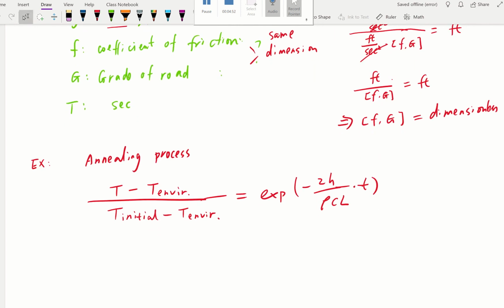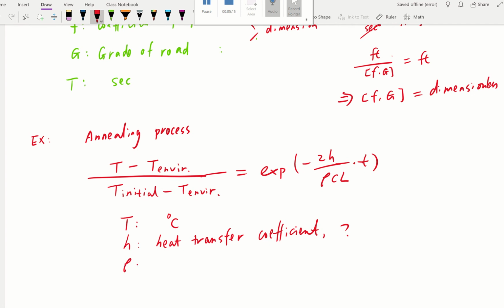Now let's go ahead and look at the units. All these T's are going to have a temperature unit, so it's degrees Celsius. h is going to be the heat transfer coefficient, and that is the unit we are solving. And rho being density.